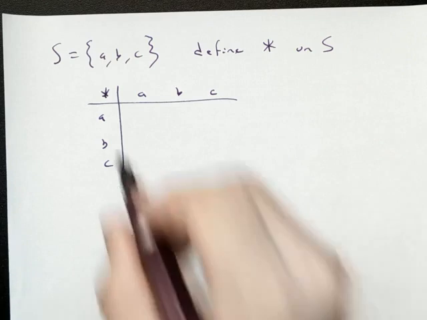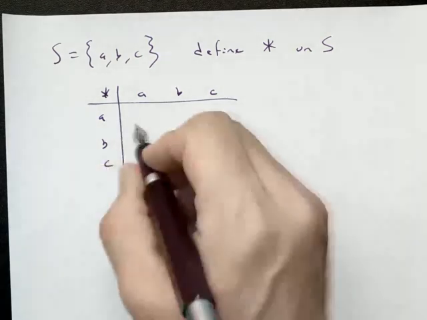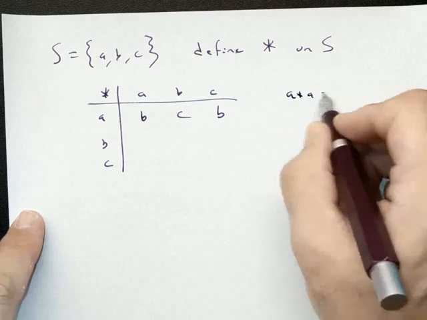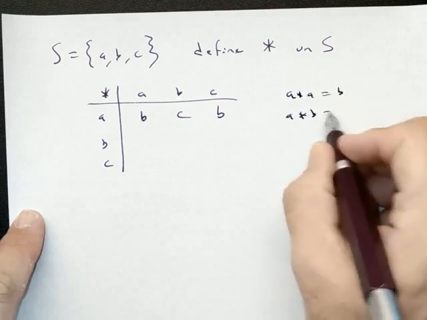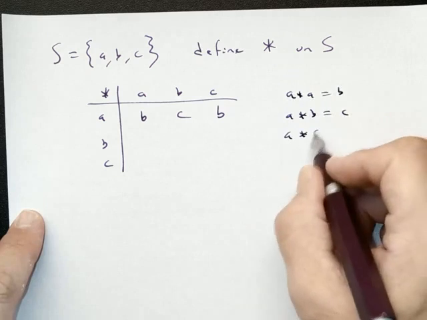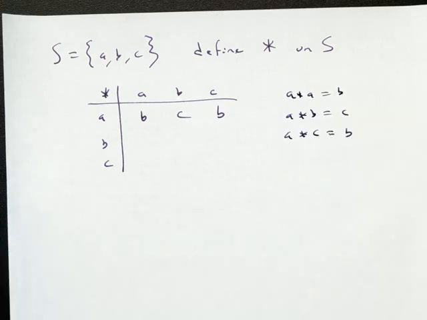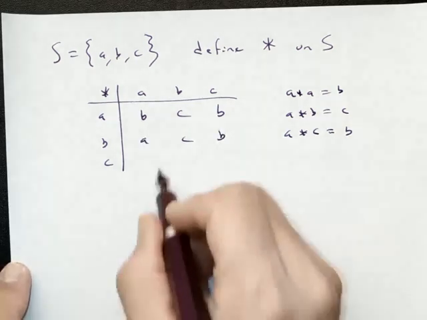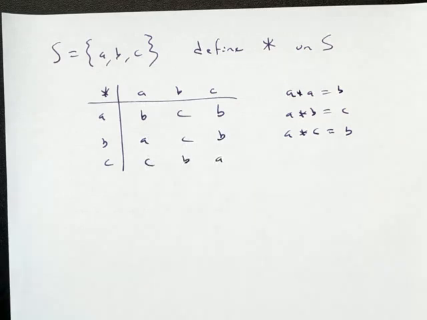So I decided, and I already wrote this table down earlier, that A star A is B, and A star B is C, and A star C is B. That's how I would read this first row. I can fill out the rest of this table for the moment: A, C, B, C, B, A. I made this up out of whole cloth. Completely invented, pulled out of my head.